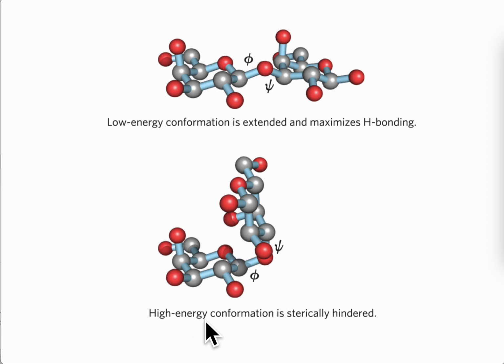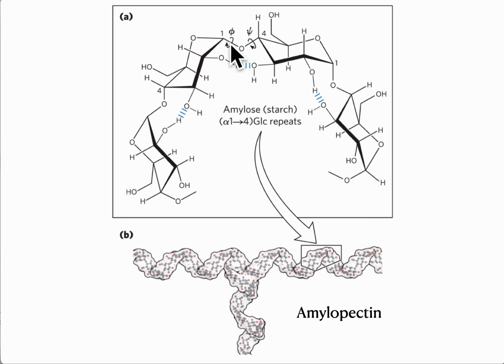But at high energy conformation, these two monomers are clashing with each other and thus is sterically hindered. So there are only some ways of rotation that are possible at these two sites.